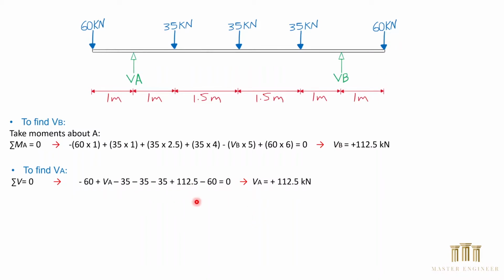Plug all this into the calculator, we find the value of VA equal 112.5 kilonewton, the same as VB.